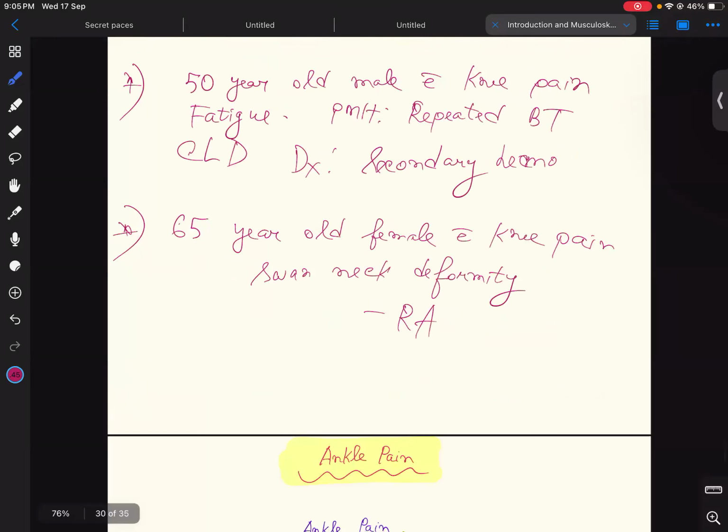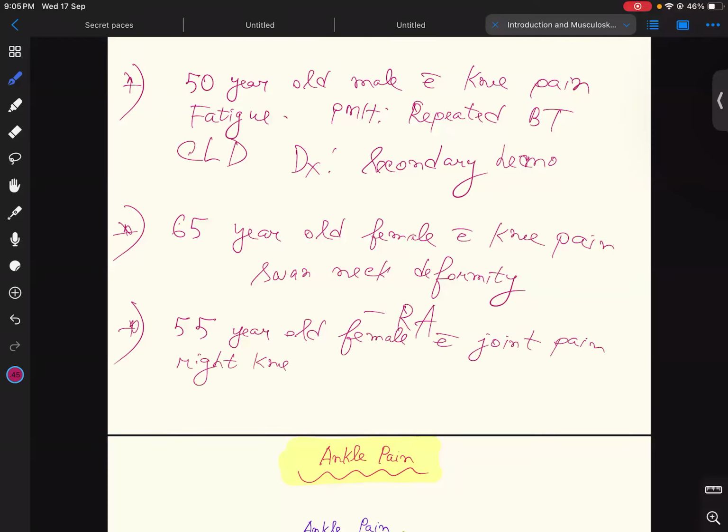Then come to another case, a 55-year-old female with the prompt was joint pain. After entering the station, the female told that she has right knee pain and low back pain.